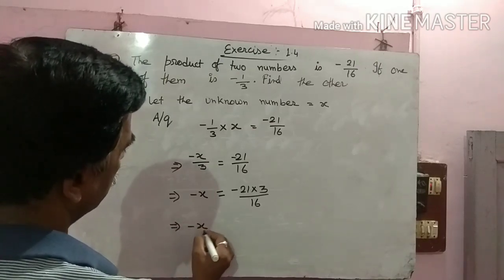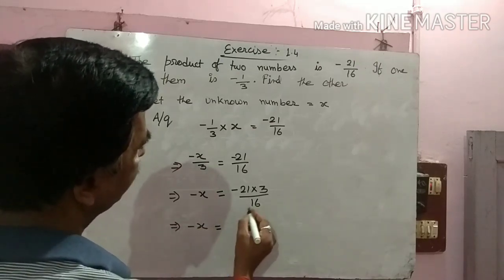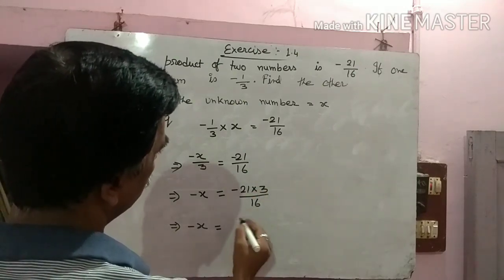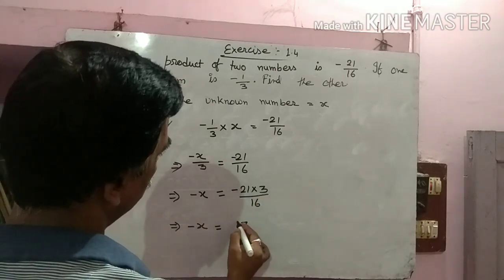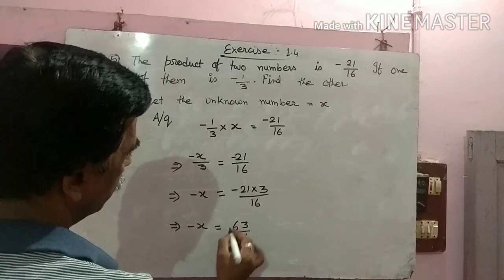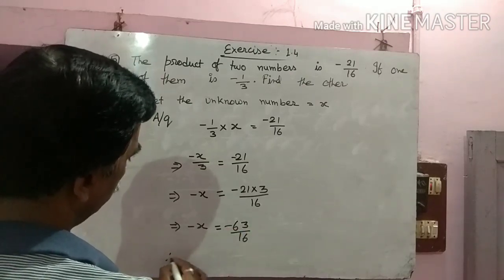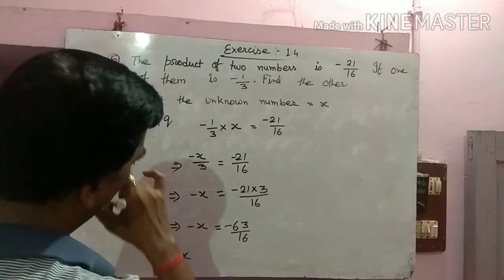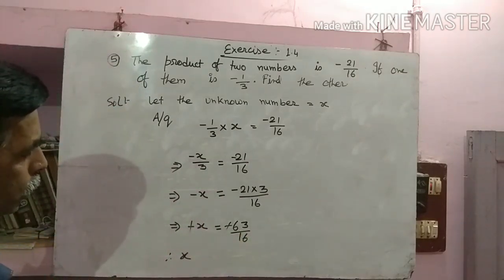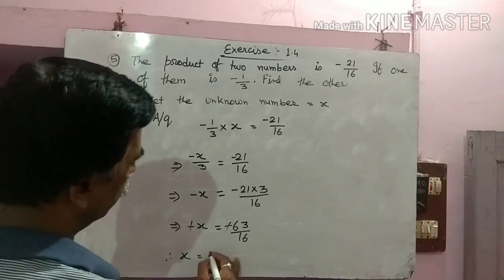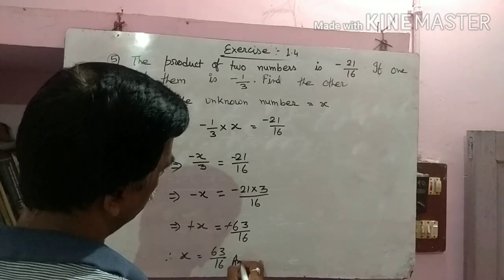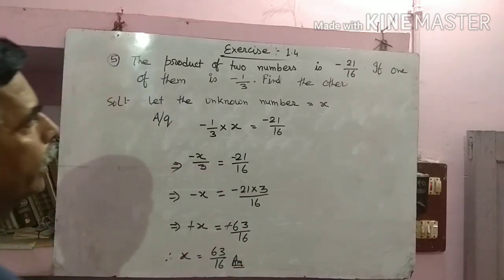Then minus x is equal to, this is 3 1s are 3 and 2 3s are 6, by 16. It is in minus. That's why x is equal to, the minus and minus on both sides are cancelled. So finally what we get, x is equal to 63 by 16. So this is the answer. Okay, write this one also.